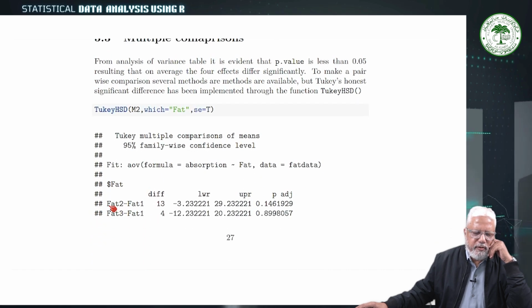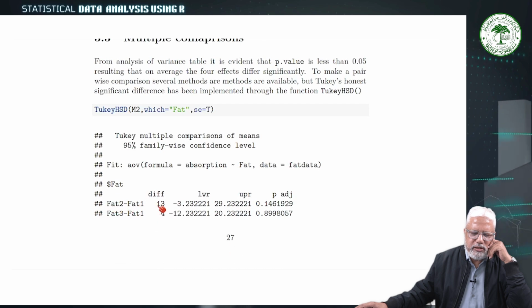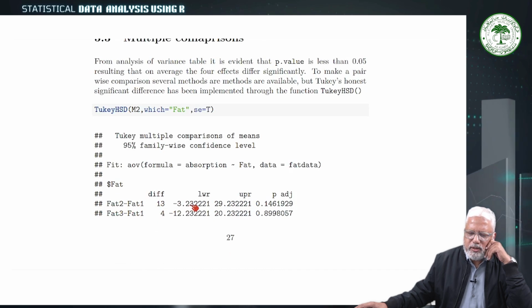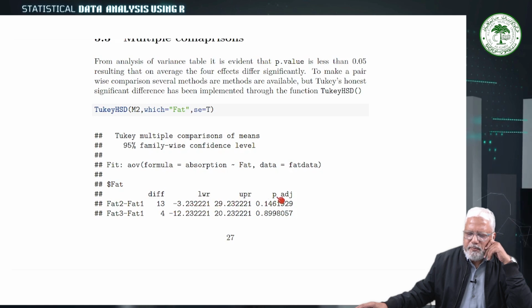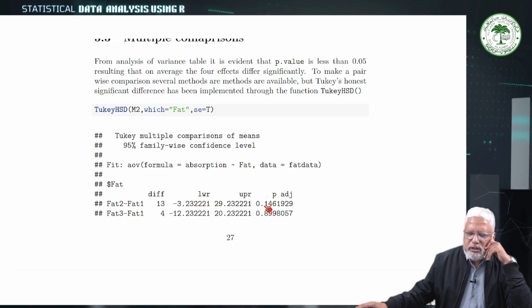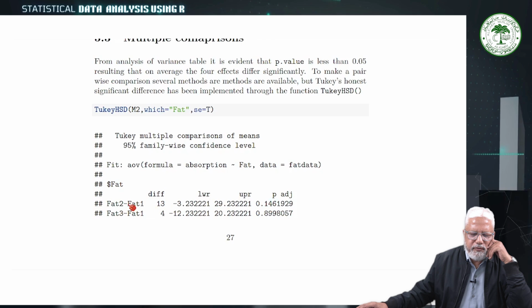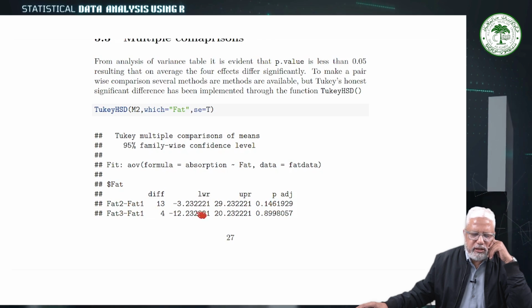This is fat 2 versus fat 1, the difference is 13, and the lower bound and upper bound of the difference are this one, and P adjusted. This shows that this difference, fat 2 versus fat 1, is not significant.